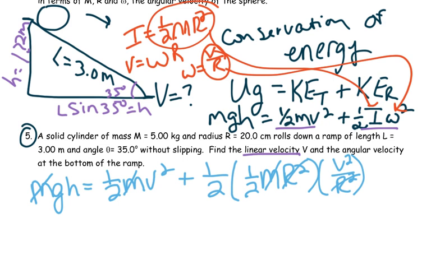So let me rewrite this first. I'm going to have the gravitational field strength times the height is equal to 1/2 the mass times velocity squared, plus 1/2 times 1/2, what's that going to get me? Oops, yes it is. Sorry. It's a bad habit. All right, 1/2 the velocity squared. Plus, what's 1/2 times 1/2? 1/4 velocity squared.